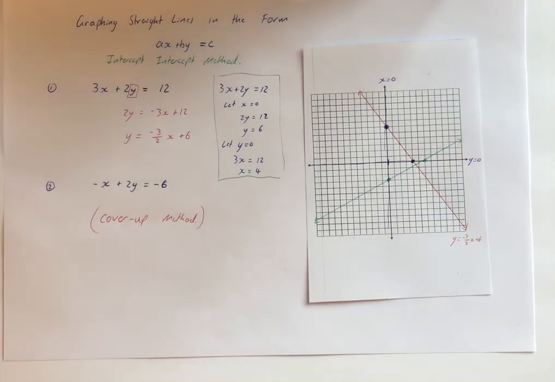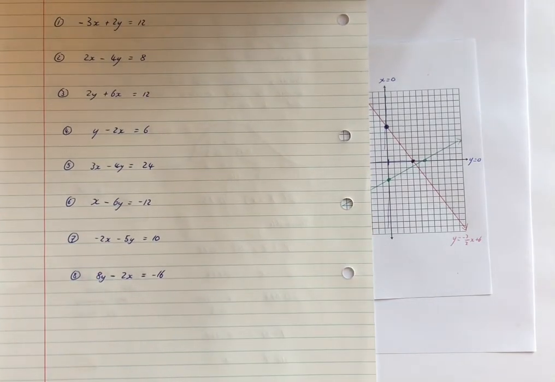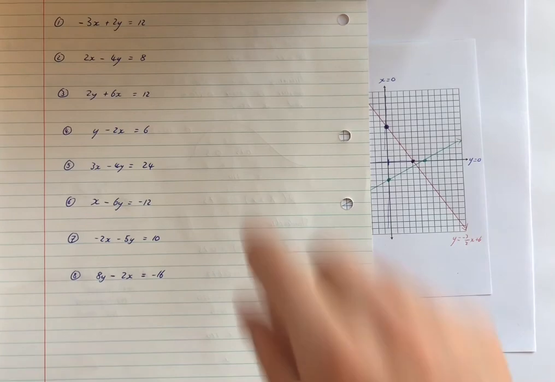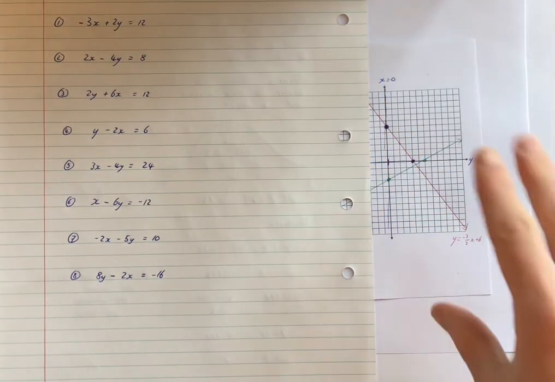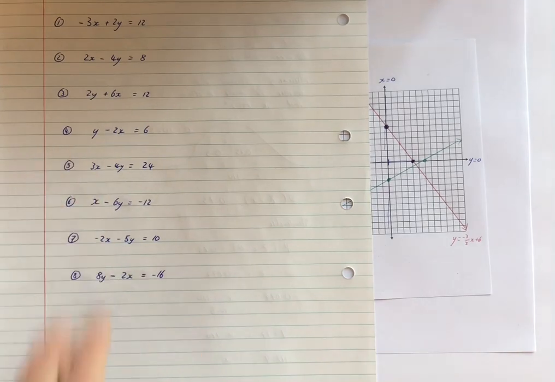Hopefully that makes sense. Here are 8 for you to give a go. You could pause, give those a sketch. I'm just going to do the first 2 again just to show you, but just to keep the video short, you could check questions 3 to 8 on Desmos. So give that a pause and have a go at that.